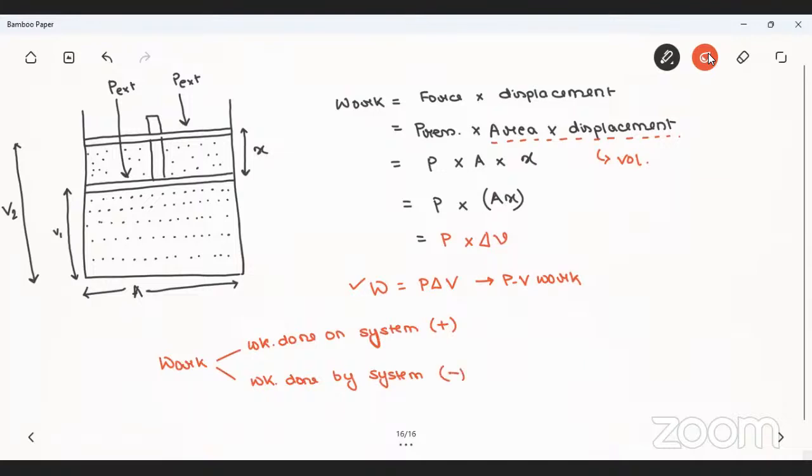If someone says work is done on the system, it means compression work. If someone says work is done by the system, it means expansion work.